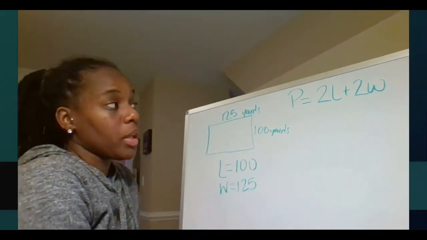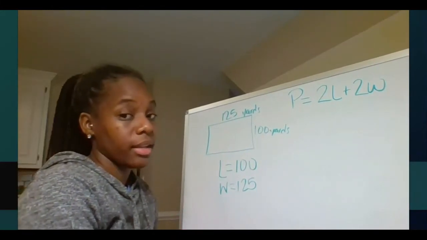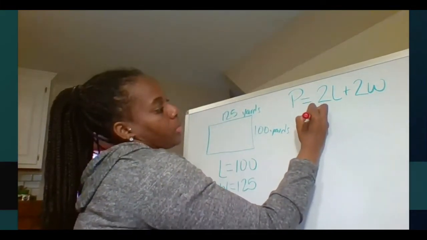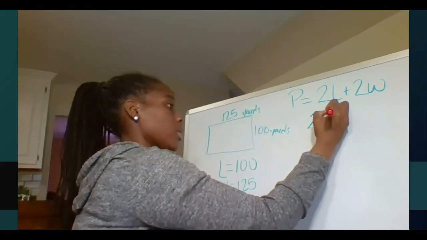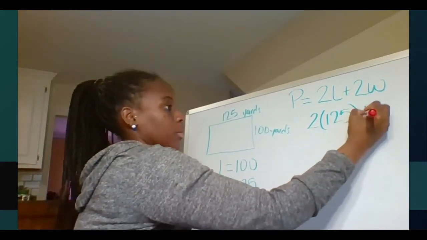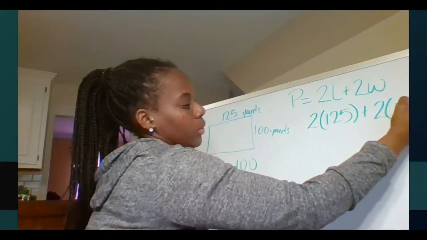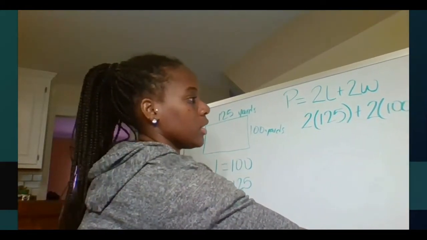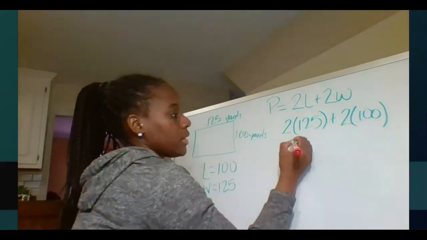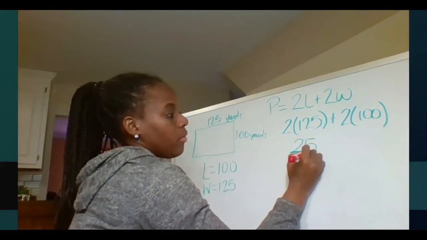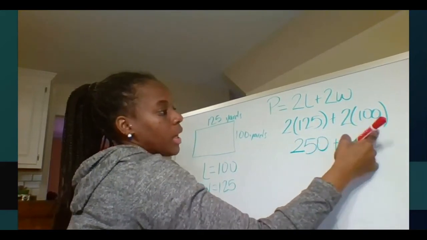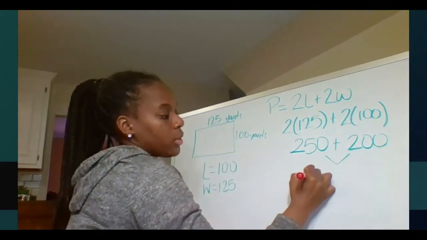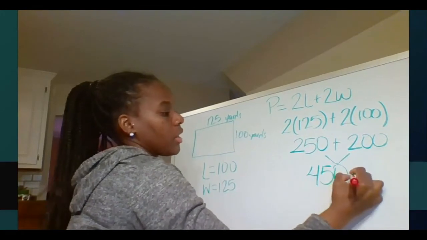We can go ahead and do P is equal to 2L plus 2W, or we can just take it and add the sides up together, where it'll be 2 times 125 plus 2 times 100. 2 times 125 gives us 250 plus 2 times 100, which is 200, and then you add them together for a total of 450 yards.